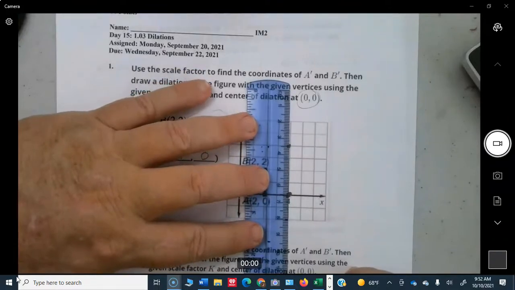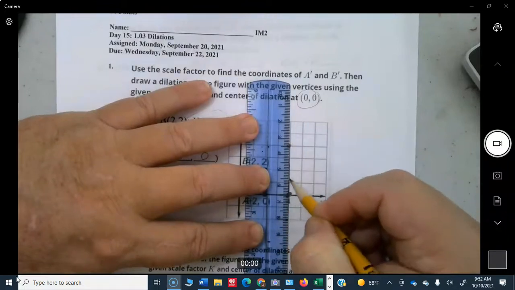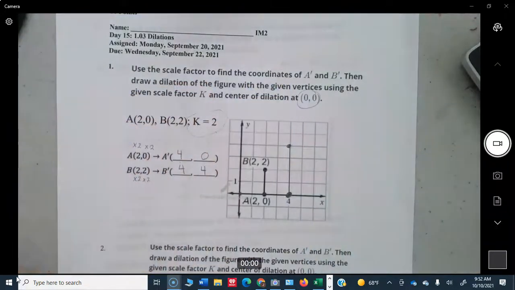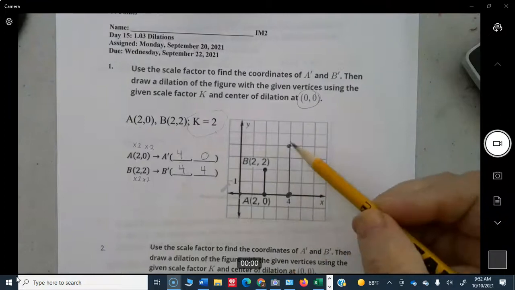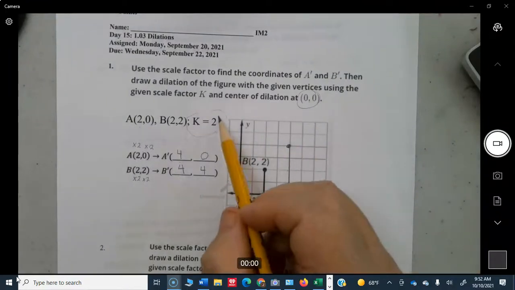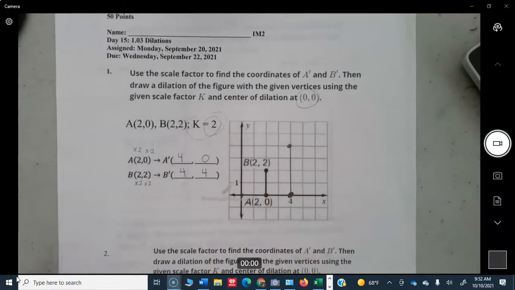So the new line, the dilated line, the line that had its length change, you'll now notice is twice as long as the original line. That's the K factor of 2. The other thing you'll notice is it's twice as far away from the center of dilation as the original line. The original line was 2 on the x-axis.